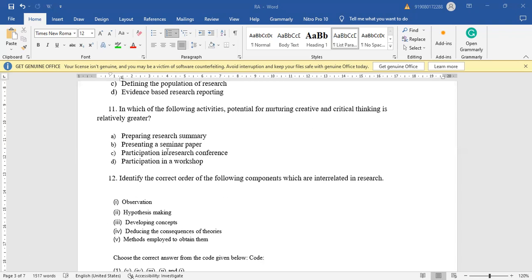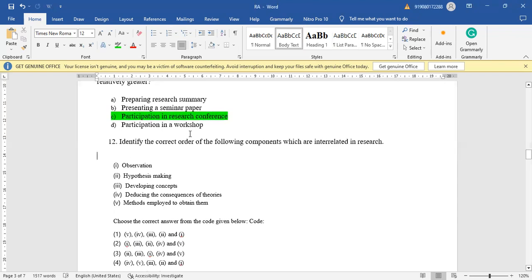Research conference is the right answer, C, because in a workshop you get hands-on practice. That is the main point. But critical thinking comes when you listen to others' presentations, and when somebody is questioning you to make you think in a critical way. Correct? This happens only in a conference. Correct?